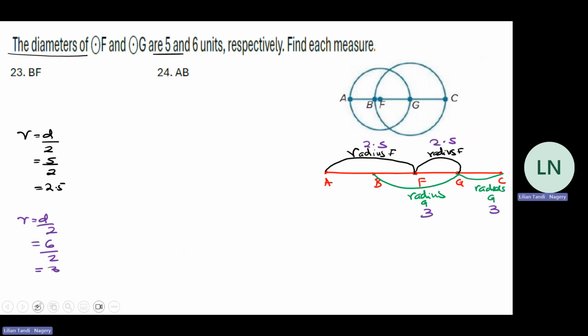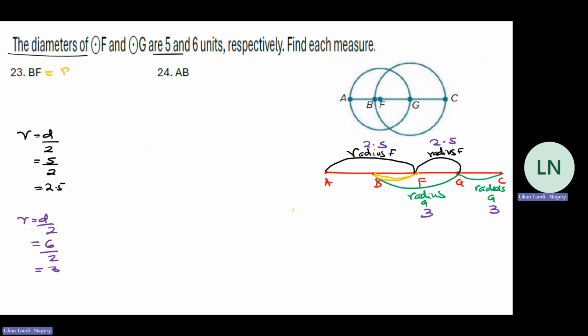Then what do I know? The question now wants me to find BF, from here to here. Then I ask myself, how do I find it? BF is part of BG.